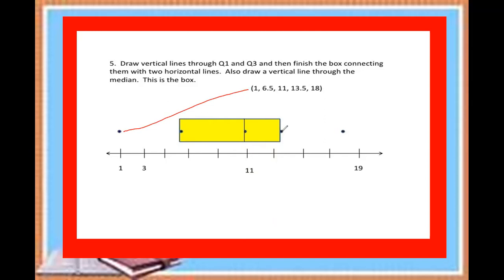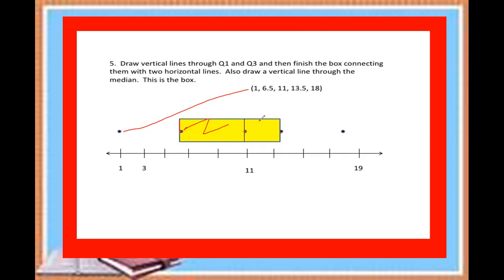So we put into the box the quartile 1, the median, and the third quartile. That is why we have here the quartile 1 and the quartile 3 and the median, and then we put it in a box.